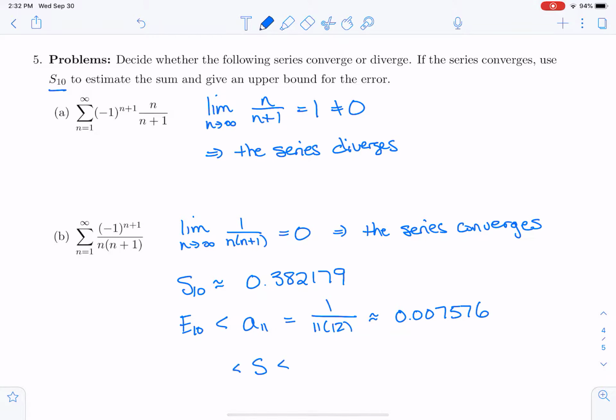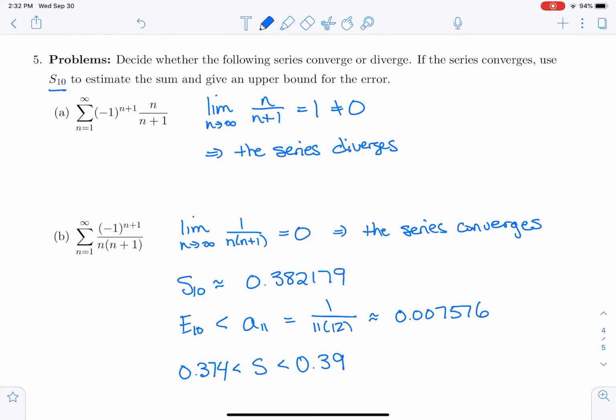That tells me essentially, and I'm just going to write this kind of roughly, that our sum is somewhere between 0.37, maybe 0.374 just to be safe, if we're subtracting 0.007, and no larger than, say, 0.39 if I add the 0.007 to my sum.